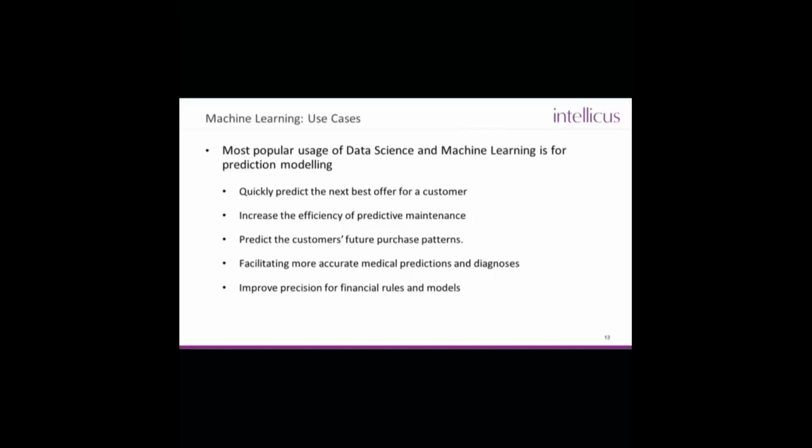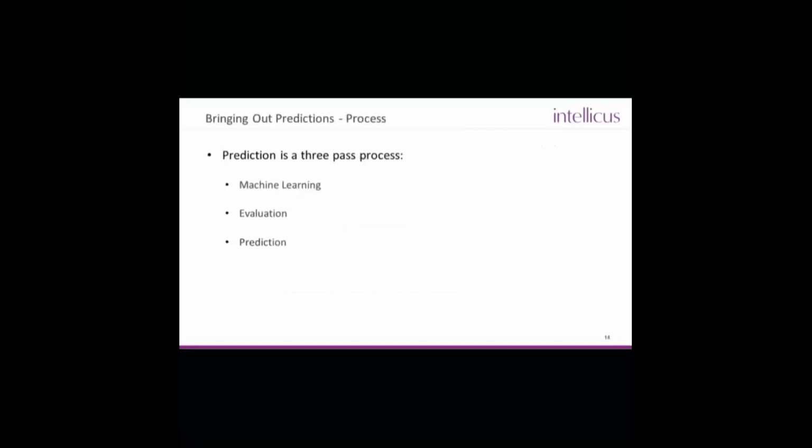And then facilitating more accurate medical predictions is a big one. Predicting and making better diagnoses, huge benefit to the human being. And then the last one is an interesting one, improving precision for financial rules, for financial models, for example, fraud and so forth.